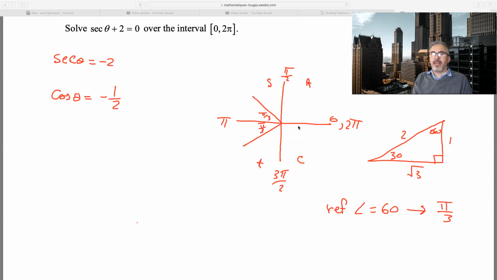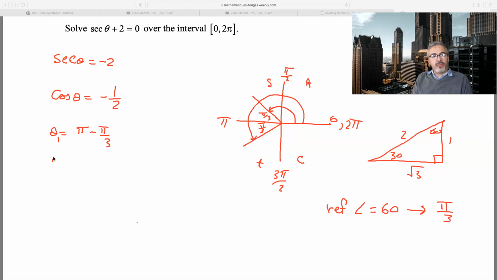But that's not the angle that you're looking for. The angles you're looking for go from 0 all the way to here and 0 all the way to there. So theta 1, the first one, is you go all the way to pi and take away that pi/3.